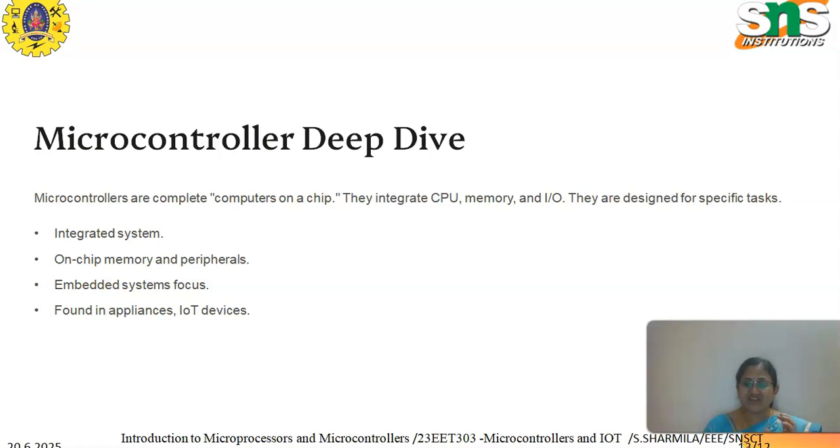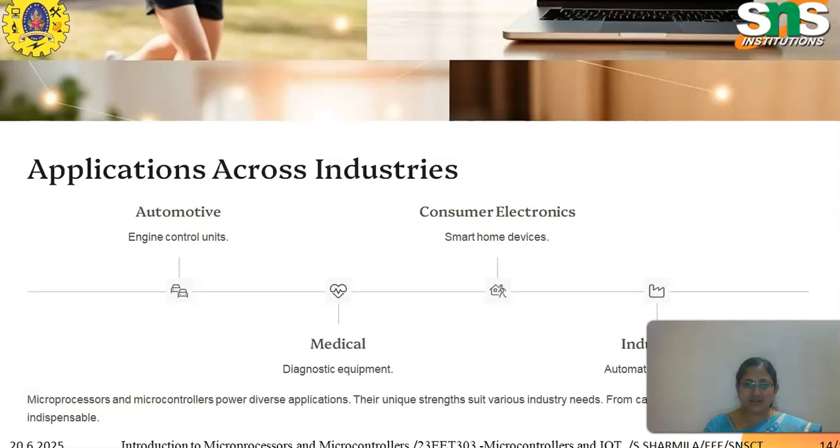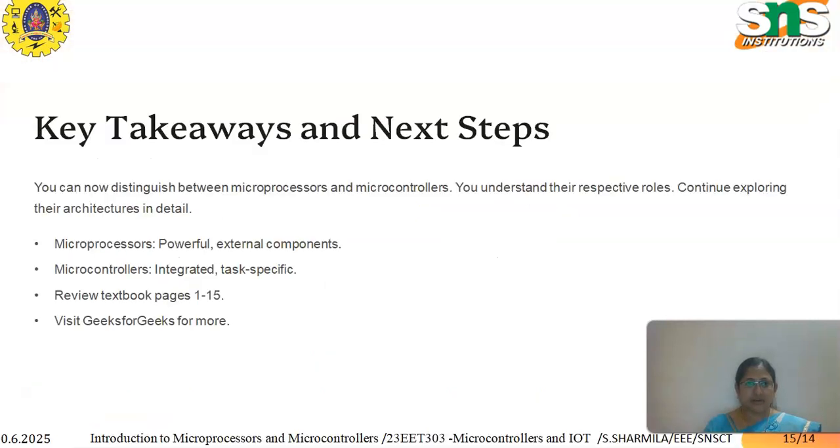It integrates everything, that is CPU, memory, input, output, for a specific task. It is an integrated, embedded system focused, specific task focused device. Applications across industries are automotive, consumer electronics, medical and industrial, everyone.